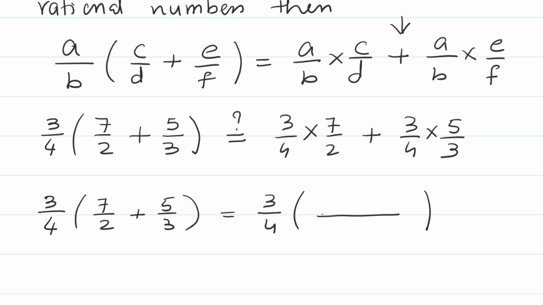LCM of 2 and 3 is 6. So 7 upon 2 into 3 by 3 plus 5 by 3 into 2 by 2.